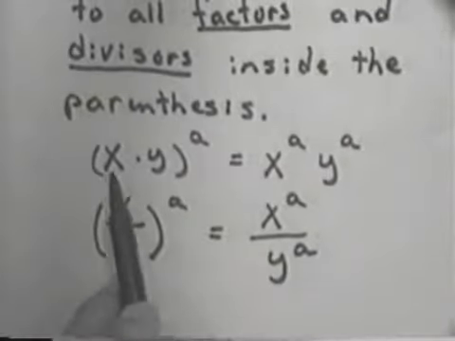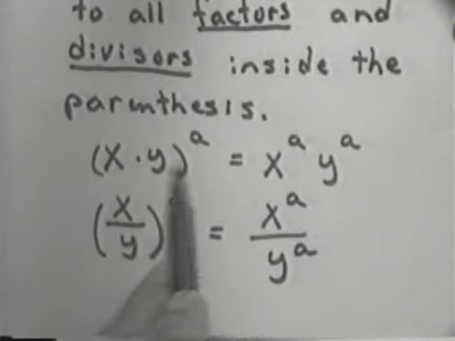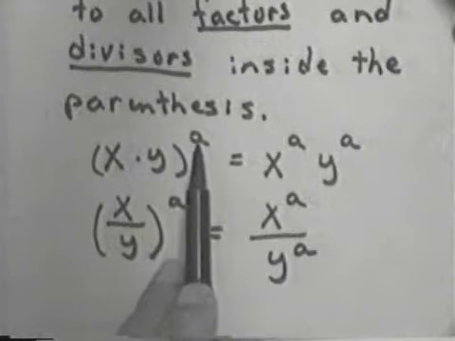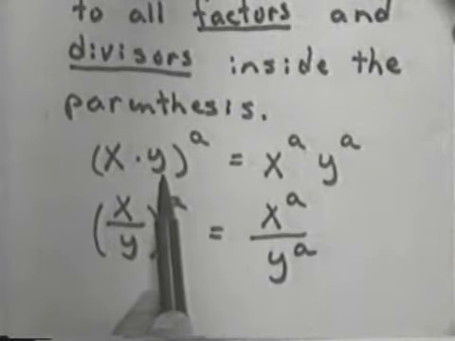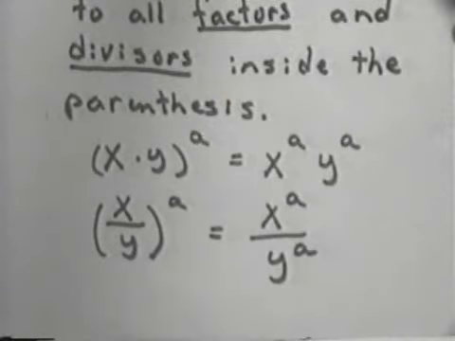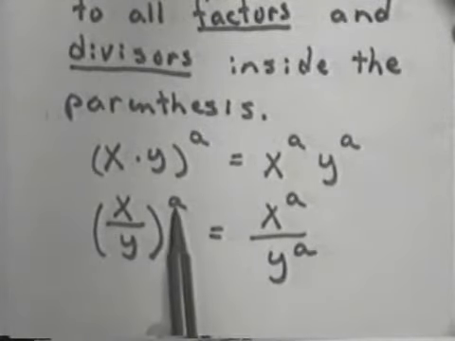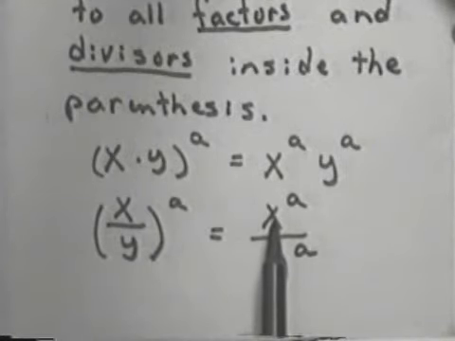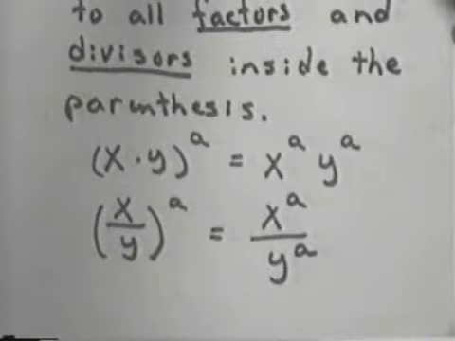Written symbolically, x times y to the a is x to the a times y to the a. An exponent outside the parentheses is applied to all of the factors inside the parentheses.